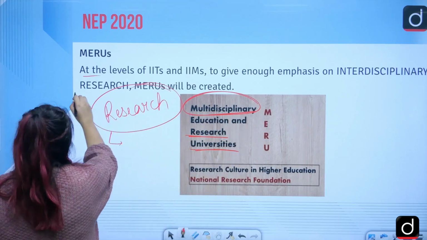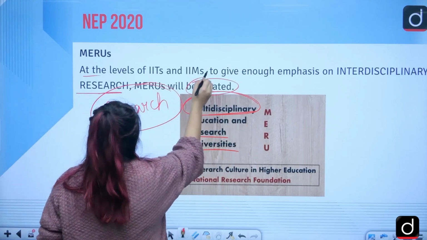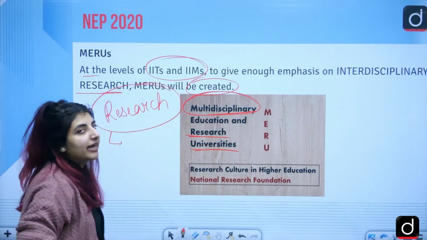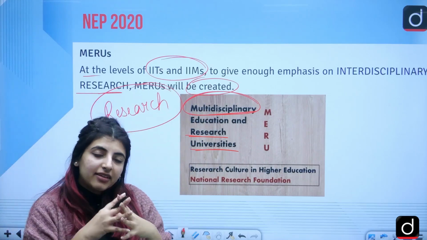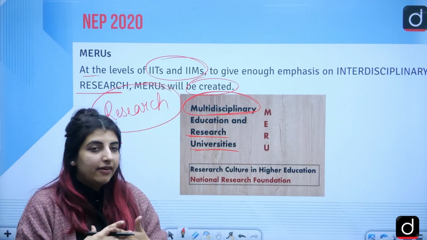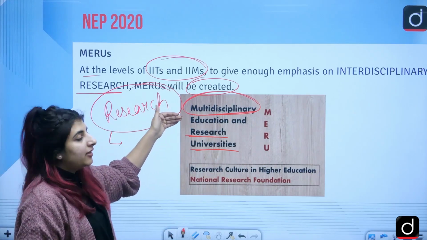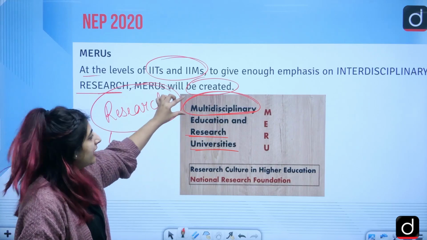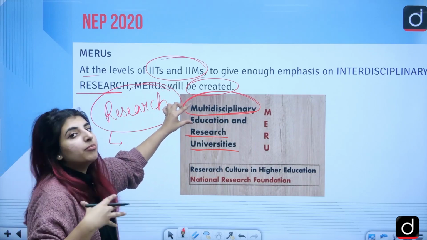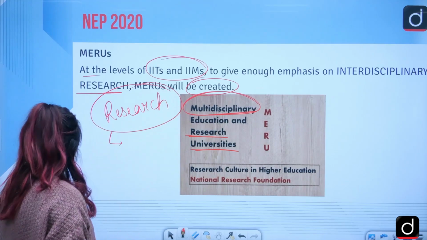So interdisciplinary research, MERUs will be created, and these MERUs will be for IITs and IIMs. Research related to IITs and IIMs will be done interdisciplinarily, right? So basically multidisciplinary education and research university. So research will also be there, research in the sector of multidisciplinary, right?